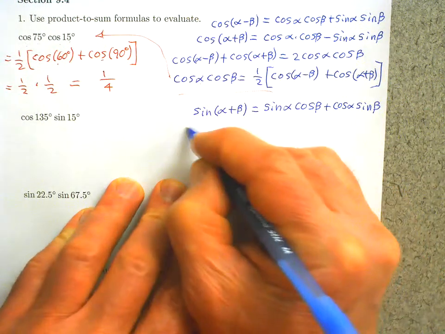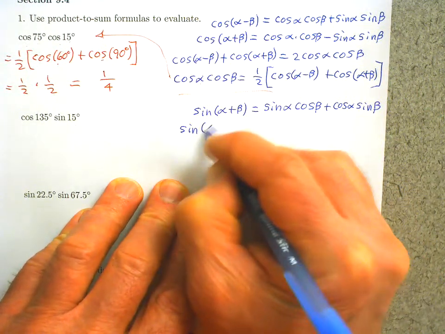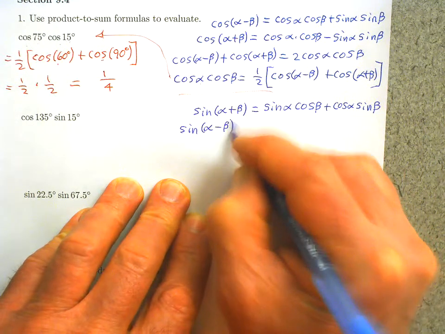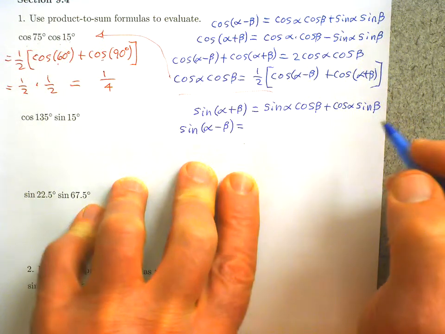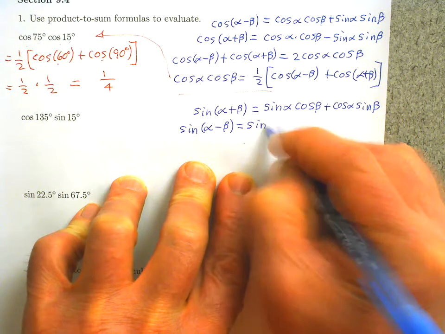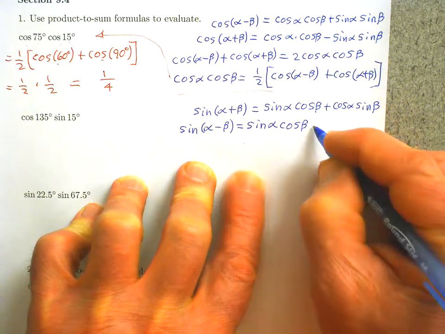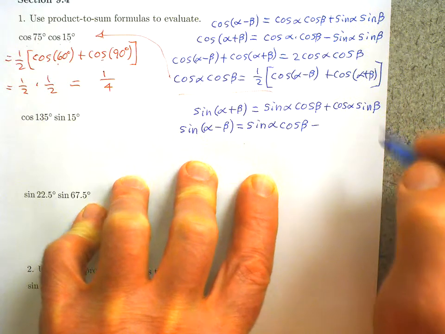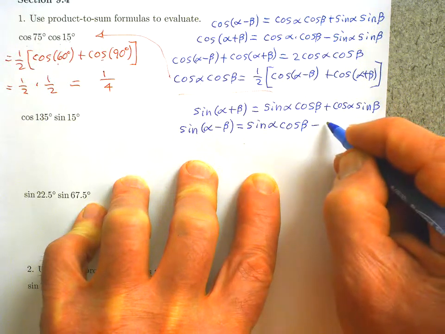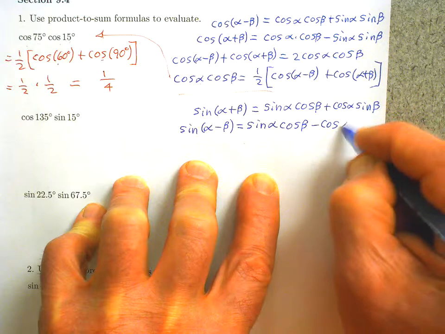And then the other one, sine of alpha minus beta. This one is sine of alpha times cosine of beta minus cosine of alpha times sine of beta.